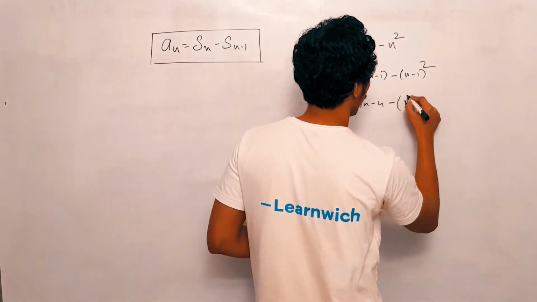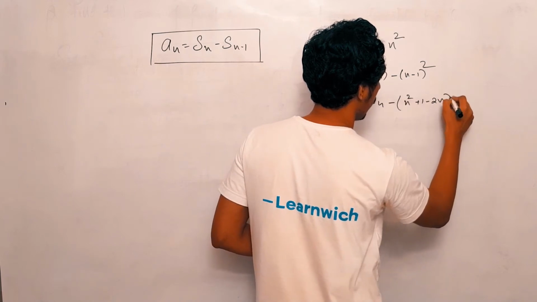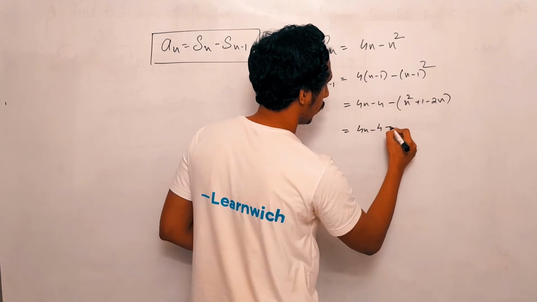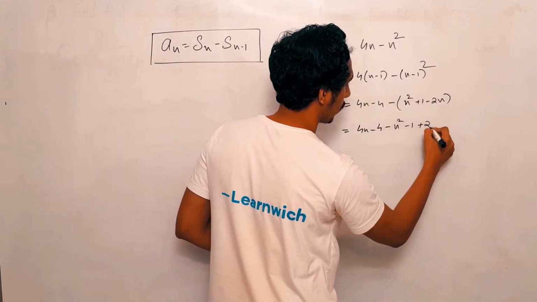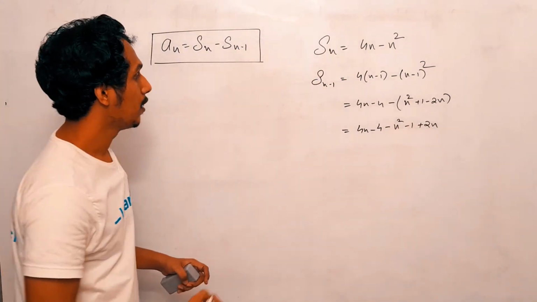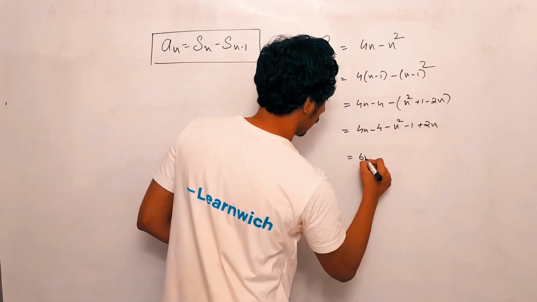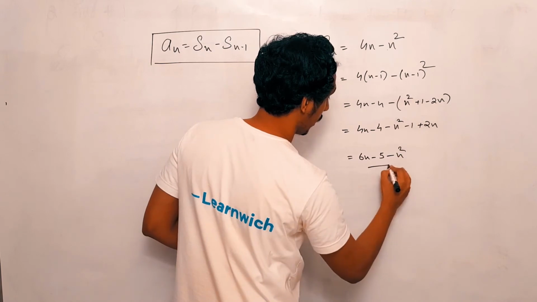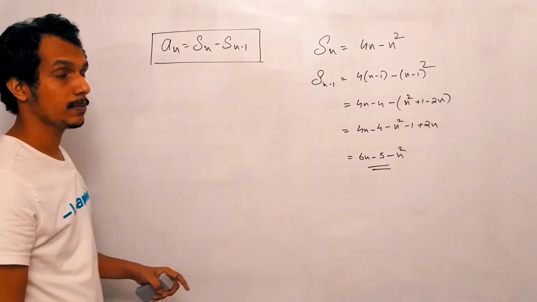That will be n square plus 1 minus 2n. So take the minus inside, you get 4n minus 4 minus n square minus 1 plus 2n. Now 4n plus 2n is 6n, minus 4 minus 1 is minus 5, minus n square. Yes, you got S of n minus 1.